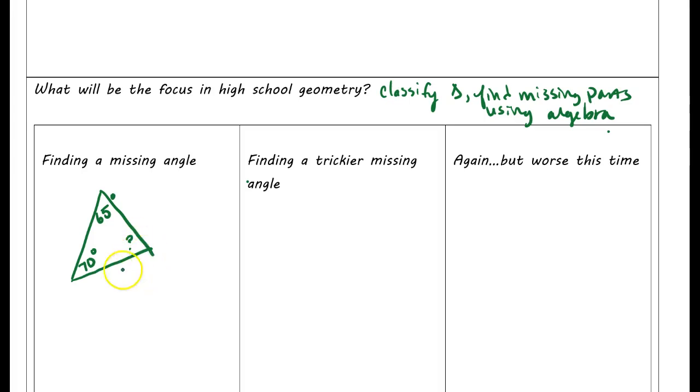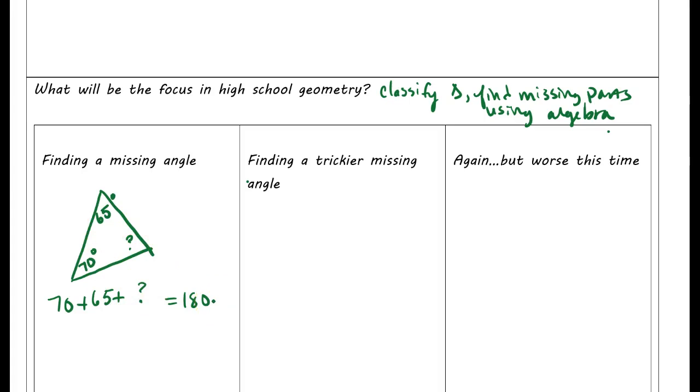And so sometimes it's pretty basic where if you know that all three have to add up to 180, then you can make a little equation out of it, okay? So this angle in the corner, plus this other angle up top, plus the angle we don't know has to equal 180.